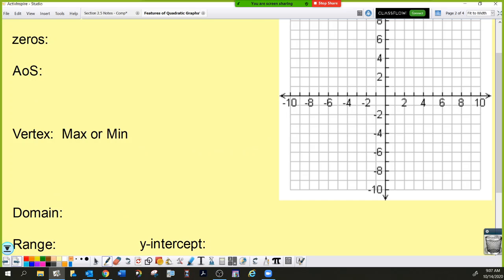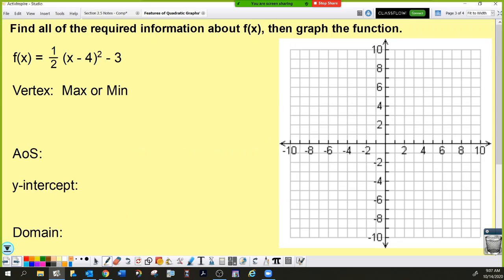So that was our intercept form example, and here is our vertex form. The increasing or decreasing interval is the x values of where you stop rising and start falling, or vice versa.